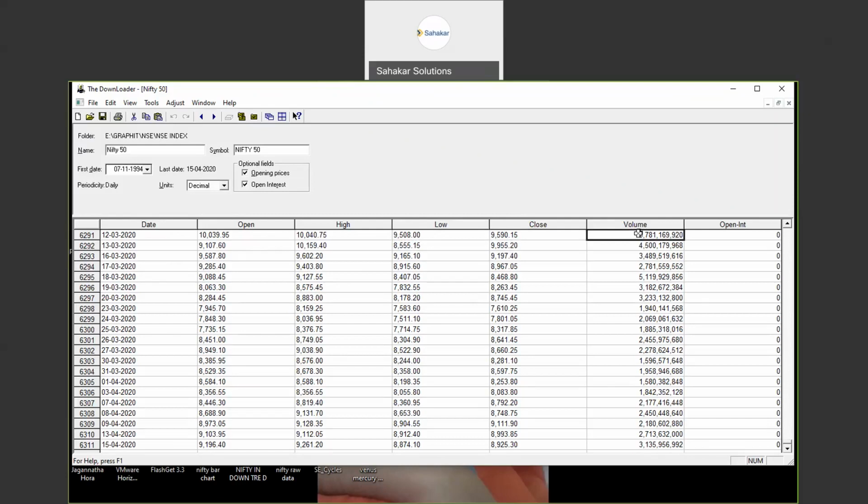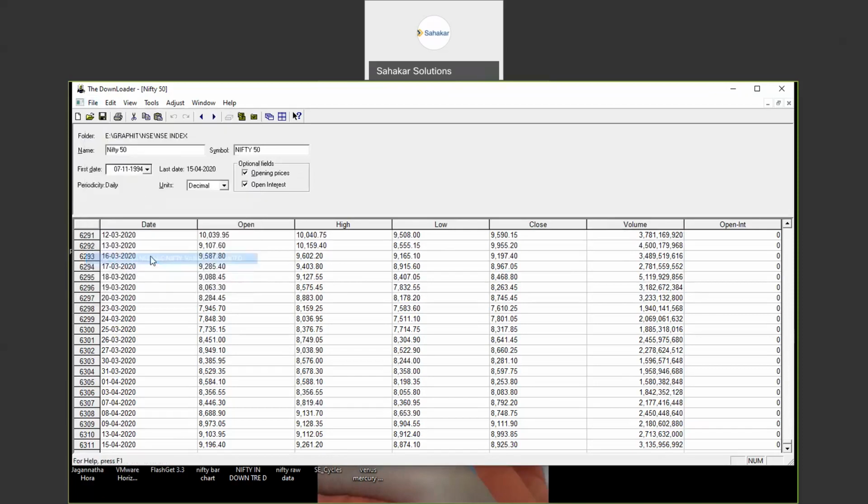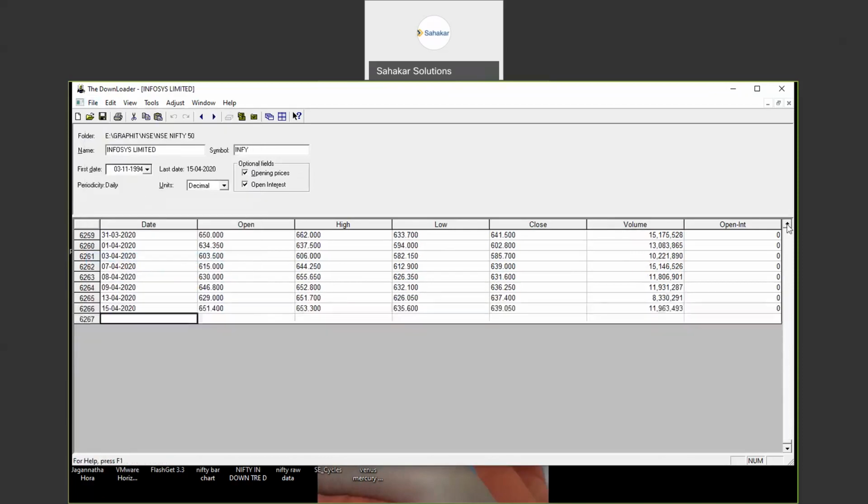As you would appreciate, it would be very difficult for anybody seeing this information presented here with the naked eye to judge whether the index has the potentiality to move up or move down. Here I have taken the index as an example. We can open any other share script to look at the same.